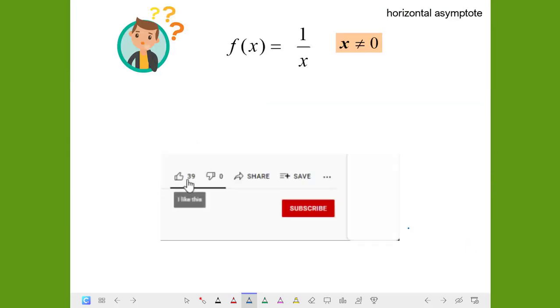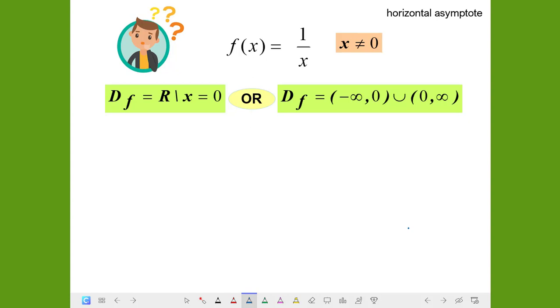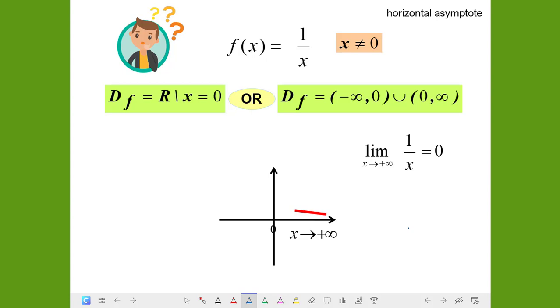Example of a horizontal asymptote: here the domain is all real numbers except 0. When x tends to positive infinity, 1 over infinity is equal to 0. So positive infinity, 0: y is equal to 0, which is a horizontal asymptote.